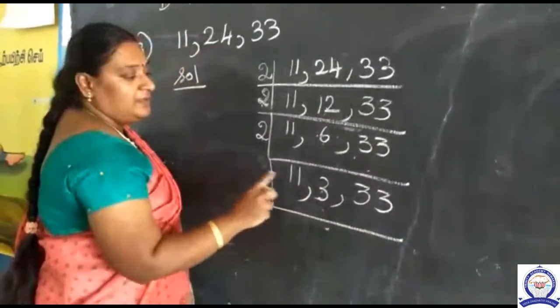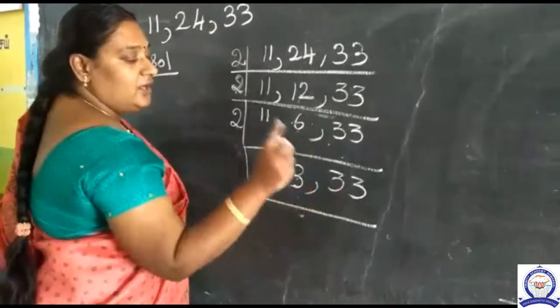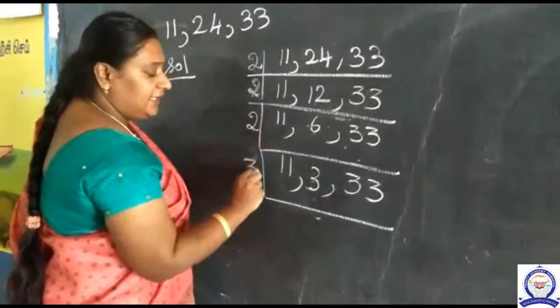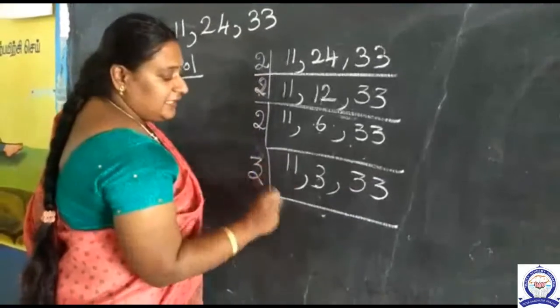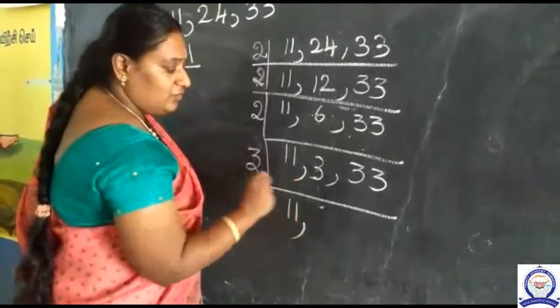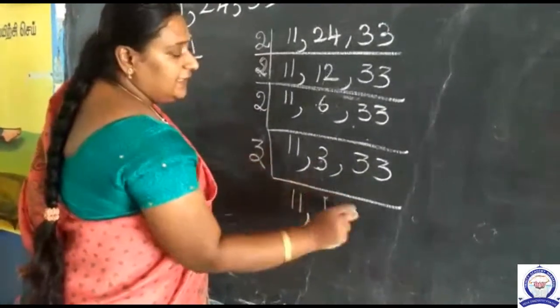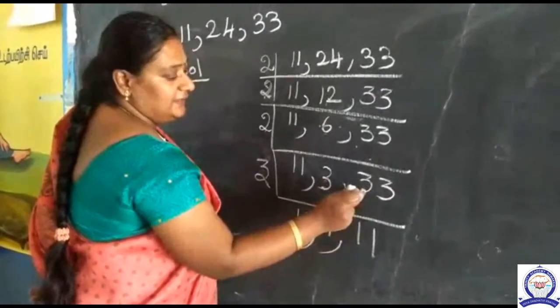Listen. Here 11, 3 and 33 are odd numbers. So 3 and 33 will come in 3 table. We should go from the smaller table. Okay. 11 won't come in 3 table, so keep 11 as it is. 3 will come. 3 1s are 3. 3 11s are 33.